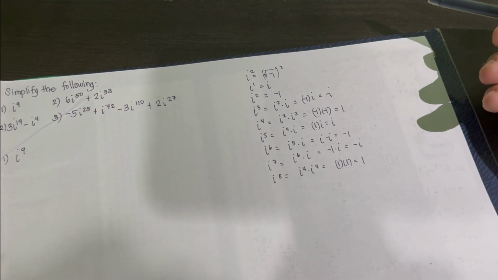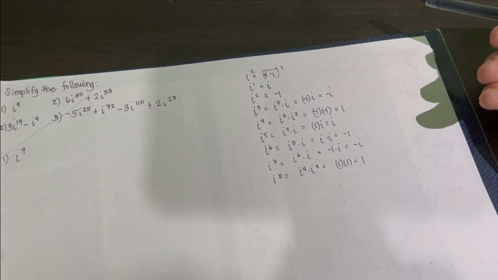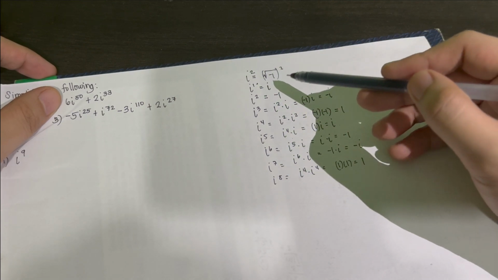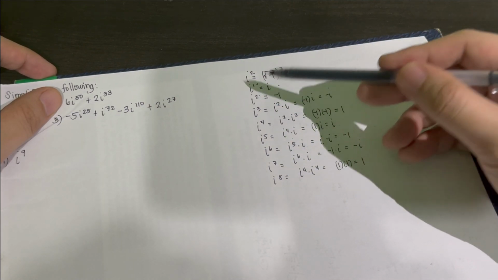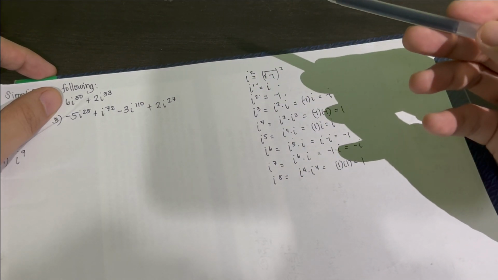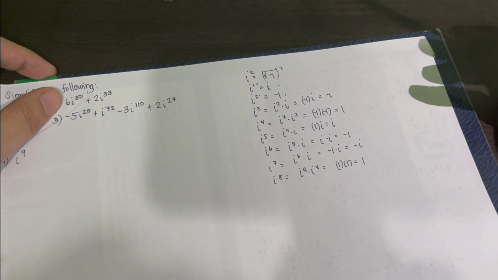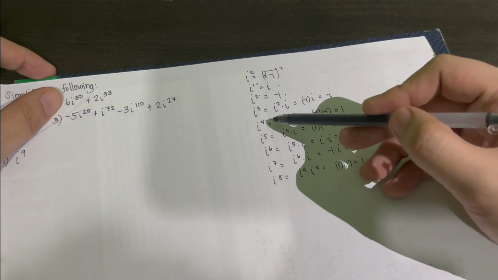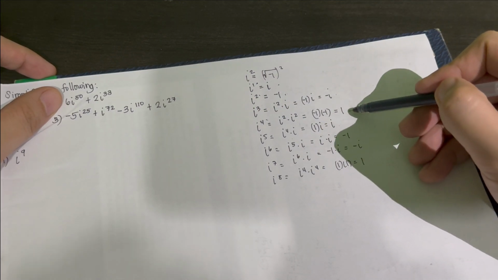So, kapag i-divide natin yung exponent by 4, check nyo lang yung remainder. Kung ang remainder is 1, therefore, equivalent siya sa I. Kung remainder is 2, equivalent siya sa negative 1, sorry. Kapag remainder is 3, equivalent siya sa negative I. And kung remainder is 0, equivalent siya sa 1.